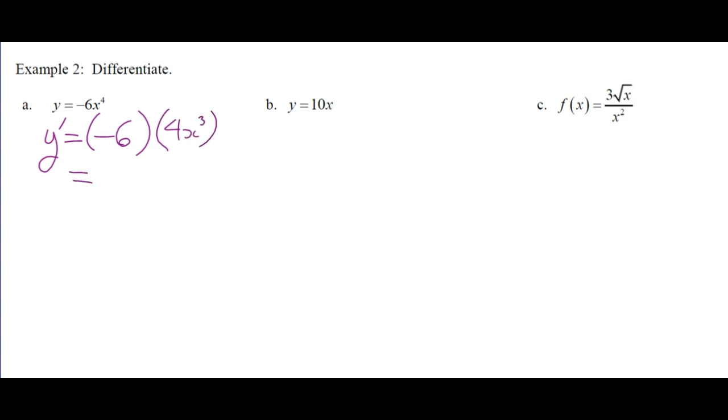Which is equal to negative 24x cubed, right? That's it. We're done. Most of the time, I would generally just go straight to negative 24x cubed, but we want to split it out to say, look, it's the constant times the derivative of.